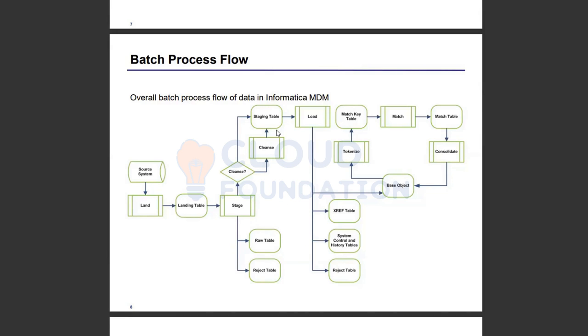In the load process, it sends the data into three different tables. First is cross-reference. I'll give you more in-depth knowledge about XREF because there are different tables, which are extremely useful and necessary because they contain the data according to the lineage, candidate or source records, those kinds of information.